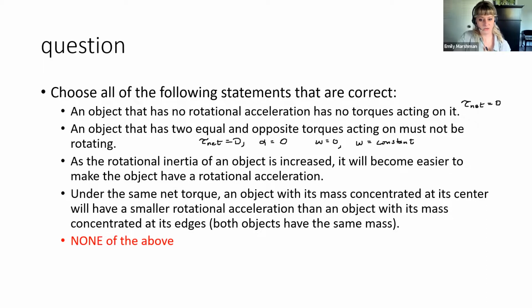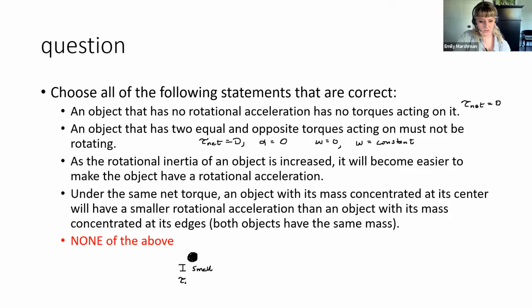Under the same net torque, an object with mass concentrated at its center will have a smaller rotational acceleration than an object with mass concentrated at its edges. If there's mass concentrated towards the center, kind of like the disk situation, that means the moment of inertia is small.